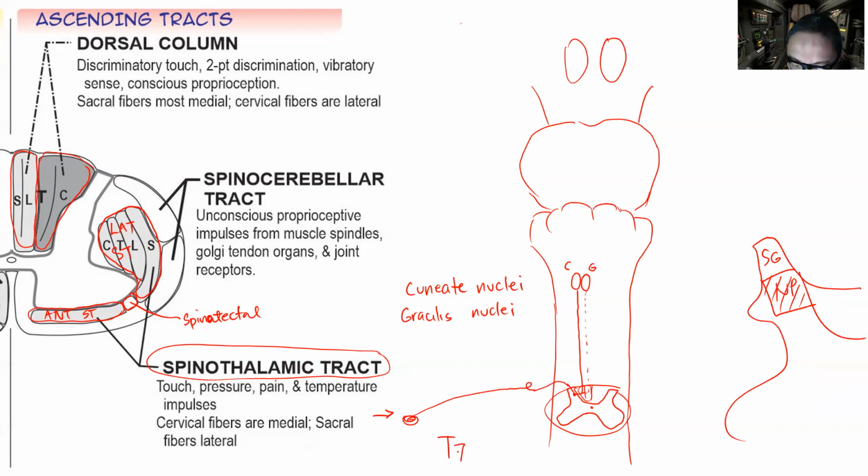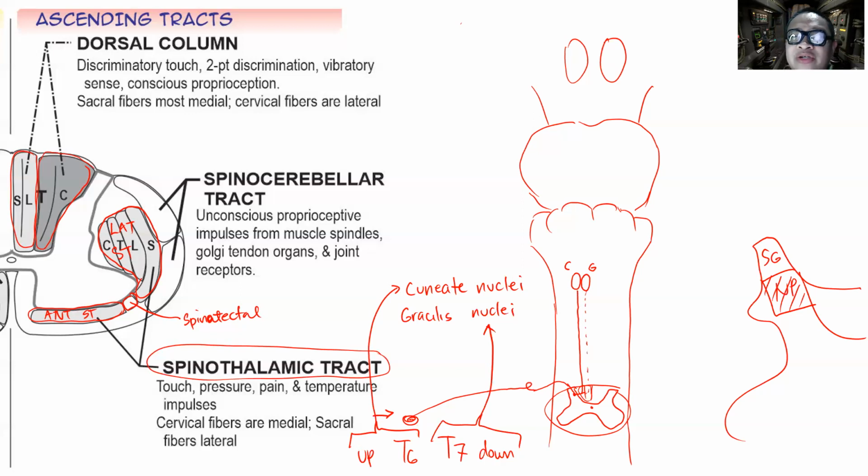Take note, T7 down goes to the gracilis. T6 up goes to your cuneate nuclei. If you're talking about your index finger, that's C6, C7, so that's in your cuneate.